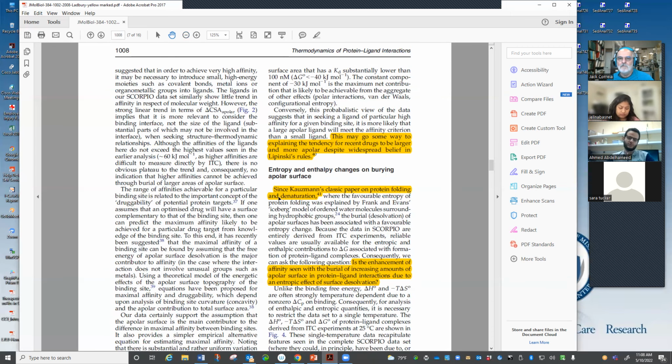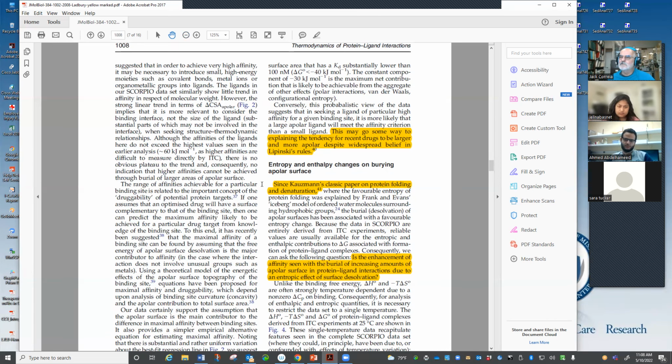Okay, and then below that they mention this paper by Kauzmann. And Kauzmann's the one who sort of set all of this off. He wrote this paper in the 50s. He references the Kauzmann paper. Okay, so that's 1959. And Kauzmann's paper was this sort of, let me stand up here and tell you what you're going to find is true about all interactions in protein folding and protein denaturation.